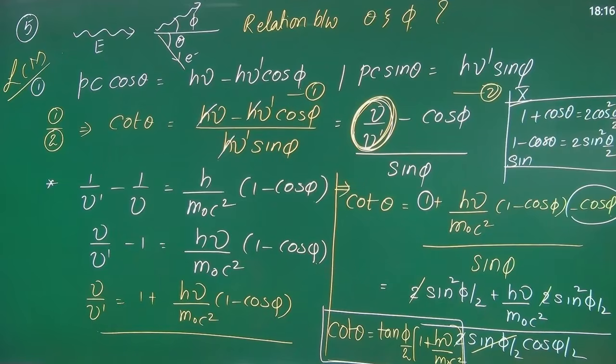So the relation between theta and phi: cot theta equals tan phi by 2 into 1 plus h nu by m naught c square. Tan 90 how much? Infinity.